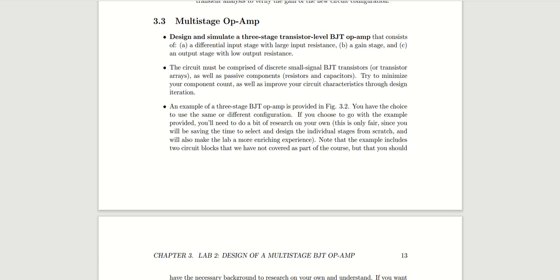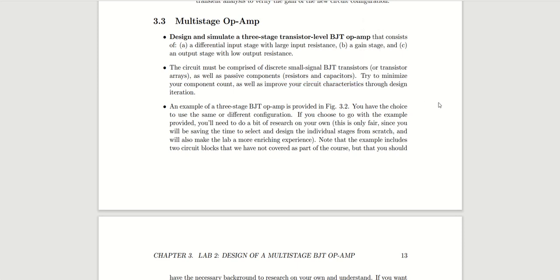Per the requirements, it's going to be comprised of small signal BJT transistors as well as resistors and capacitors. This part is important. Try to minimize your component count. So when you're coming up with the design that you want to do, keep in mind to try to keep it simple, but at the same time improve your circuit characteristics through design iteration.